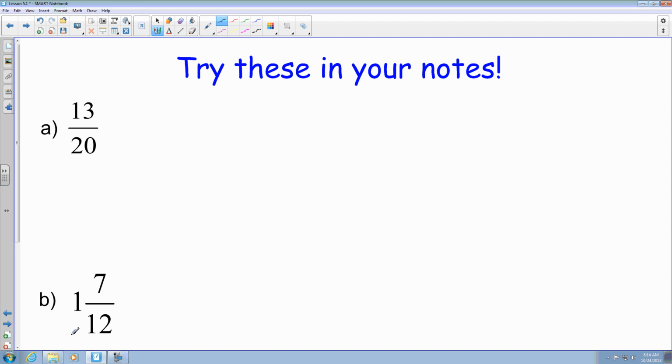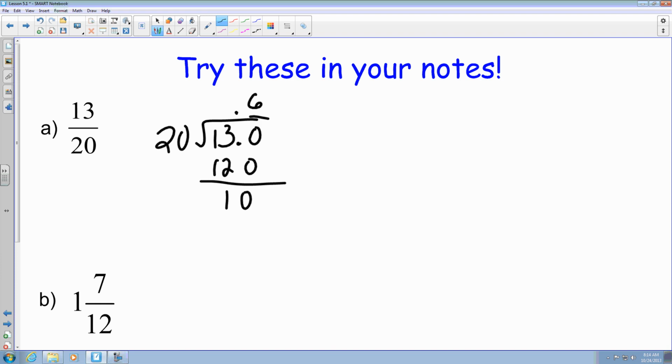again, we're going to put 20 here, put 13 inside the fraction bar. Can't put anything there, so put 0 here. And 20 goes into 130 6 times, which makes it 120. So that makes it 10 here. Drop it down, makes it 100.